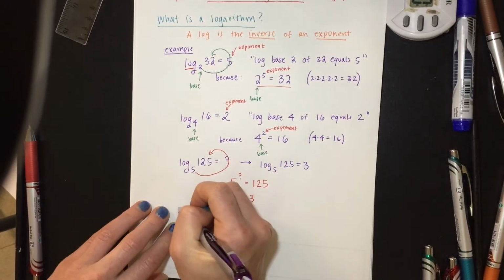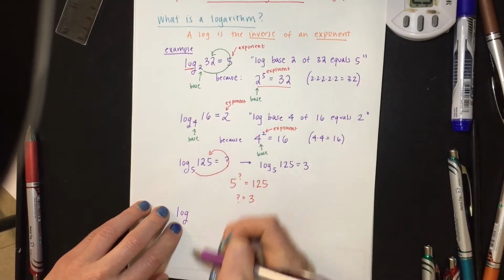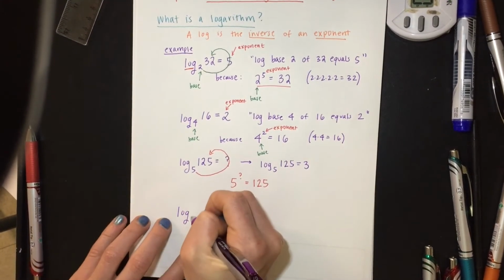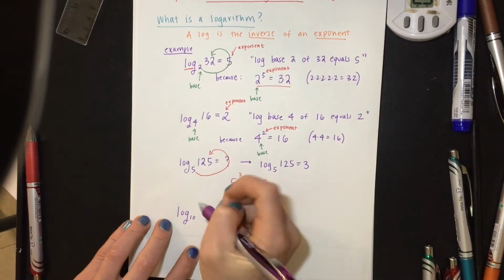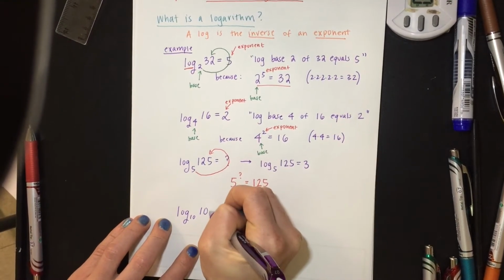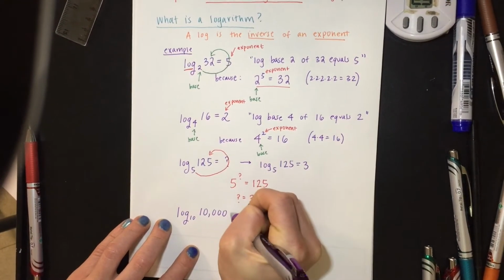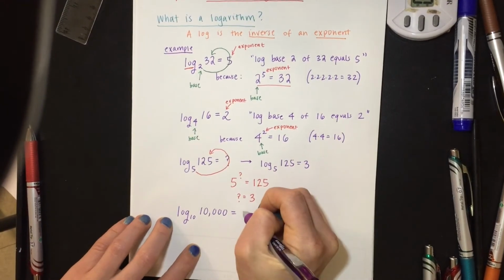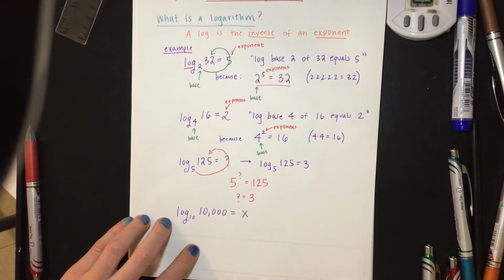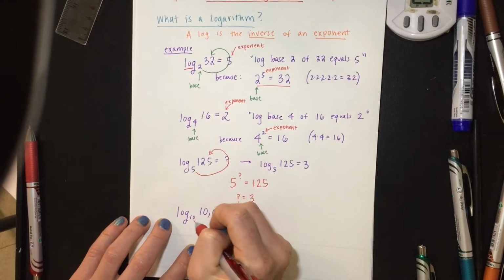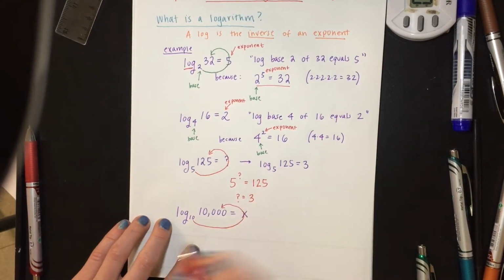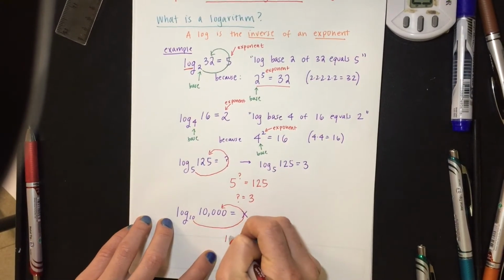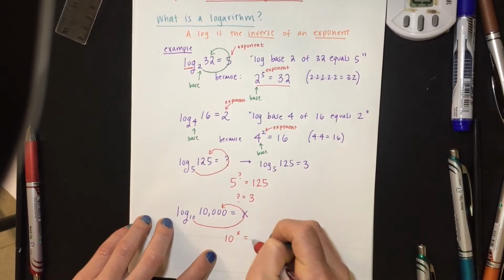Let's do another one. Log base 10 of 10,000 equals what? I'll put x this time. So let's see. 10 to what exponent equals 10,000?